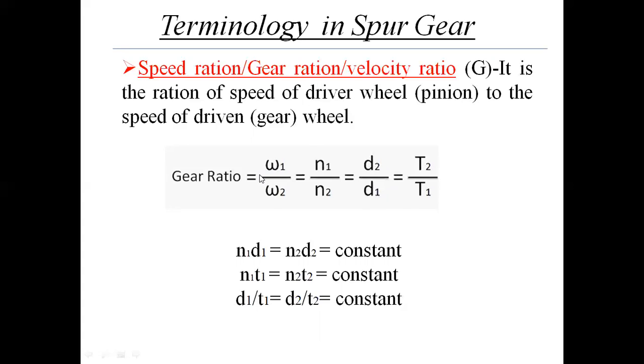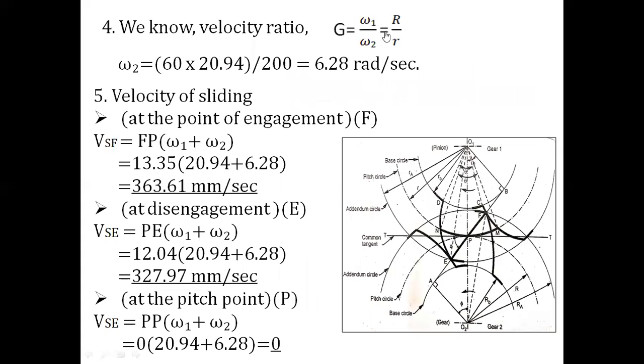So we are considering this relation, omega 1 by omega 2 is equal to D2 by D1, where D2 is the gear and D1 is the pinion. Instead of taking the relationship of diameter, I am taking the relation of radius. Omega 1 by omega 2 is equal to capital R divided by small r.